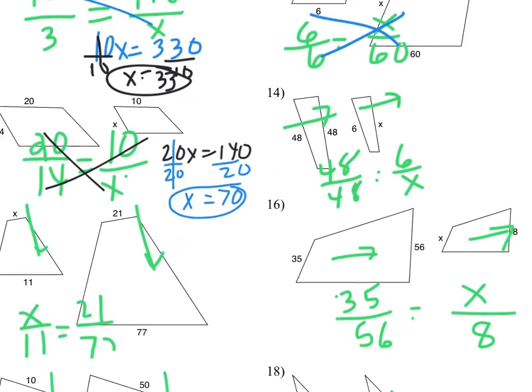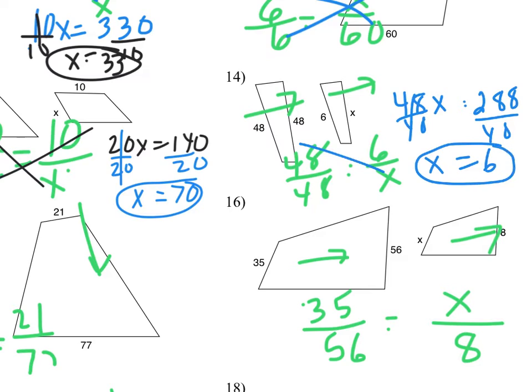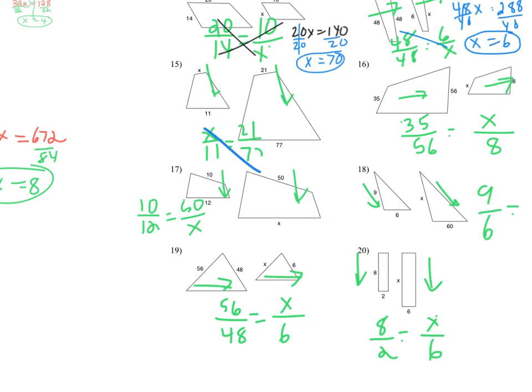Okay. 48x equals, I'm just going to calc on this one, 288. Divide by 48. Divide by 48. X equals 6. Okay. And so on.